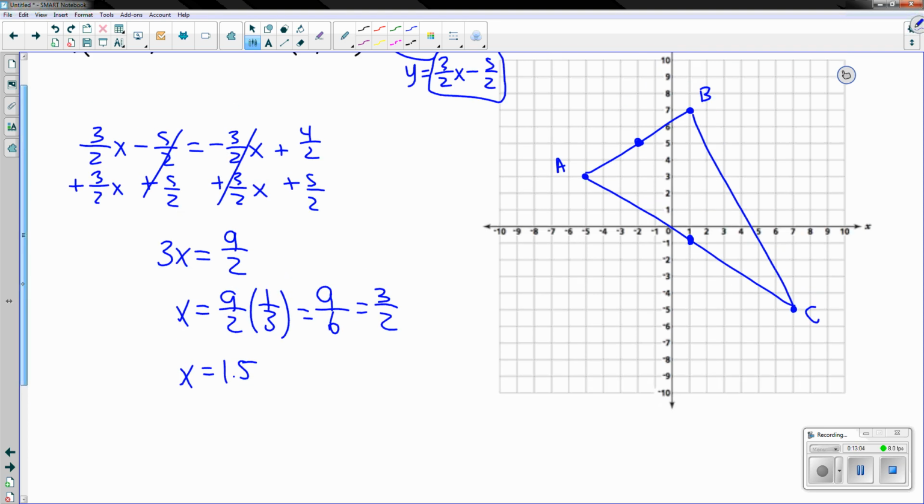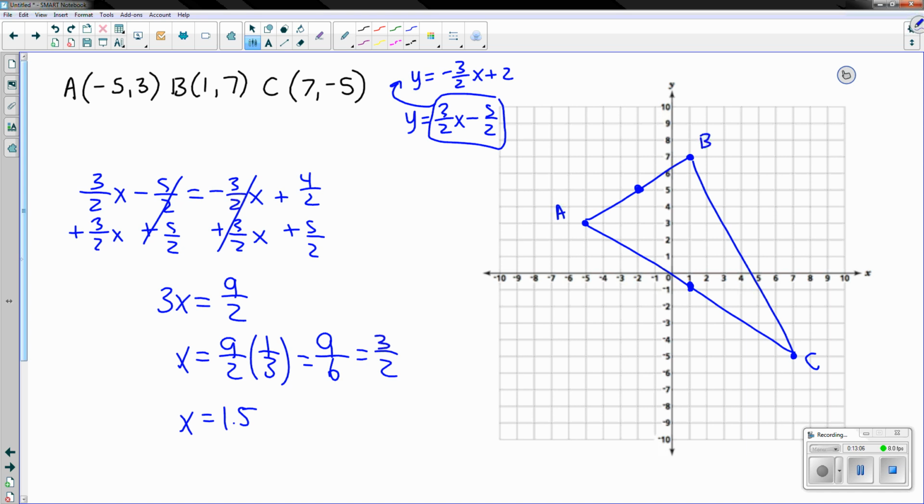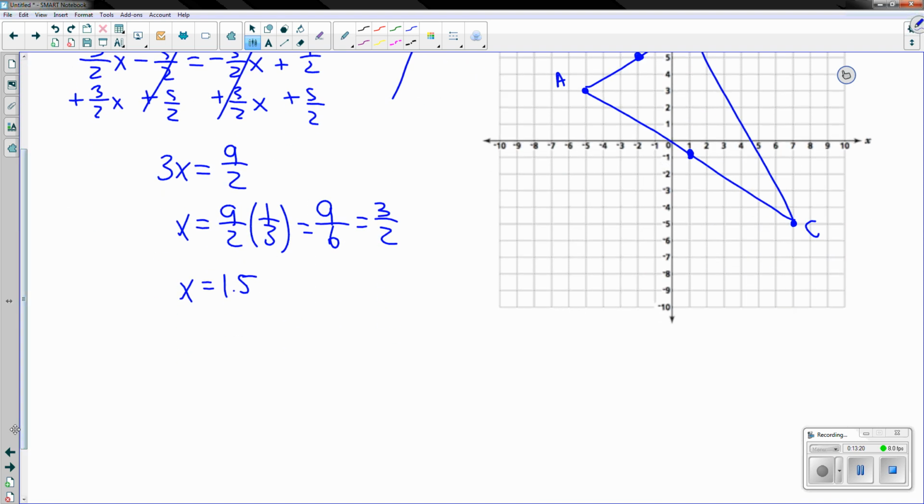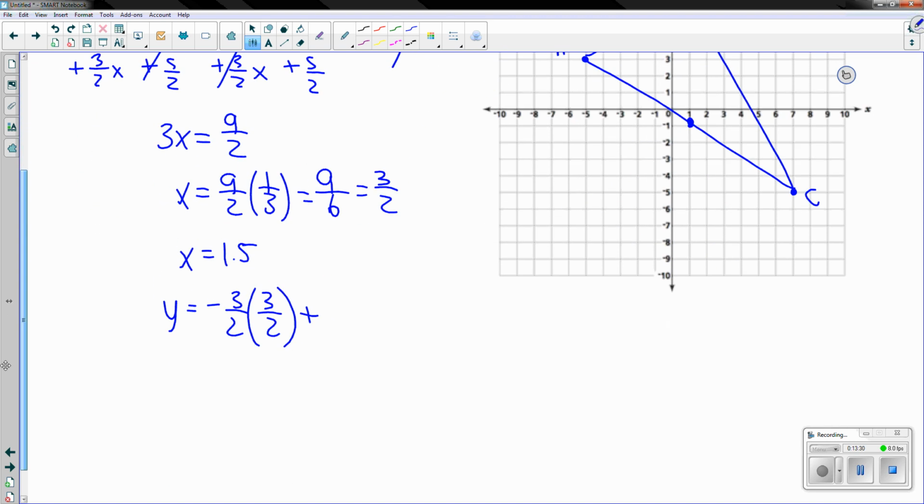Now to get y, we're going to substitute back into either equation that we used to get the value of x. It doesn't matter which one. So let's plug it into the top one, okay? So y should equal -3/2 times, and I'll plug in 3/2, and then plus, I think it was 2.